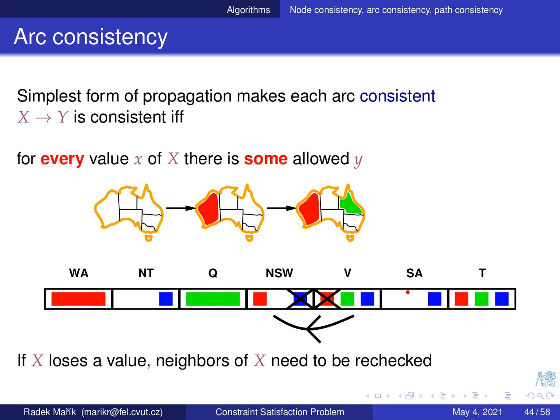In other words, first we drop the blue from NSW because we change its domain. We need to check all constraints dealing with NSW, and we can find that if we apply those constraints with V, here again we can drop one of the values of V.